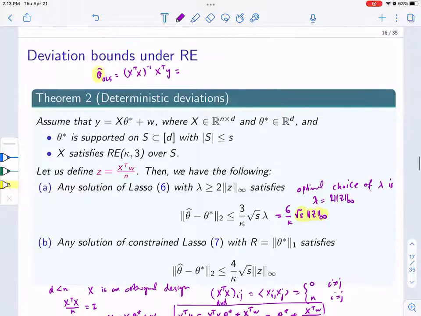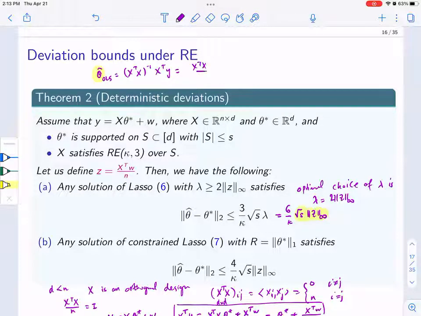Usually you normalize like this, X transpose X over n inverse times X transpose y over n. In this case the first factor would be the identity, so you get X transpose y over n. That's really the OLS estimate.